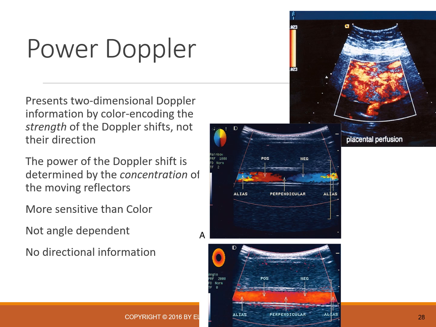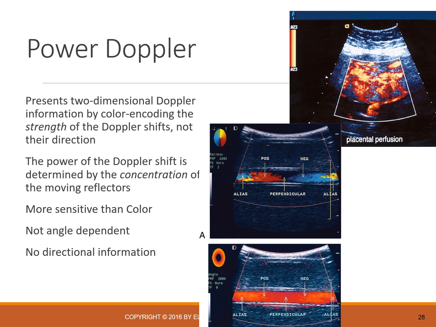Okay, now I said that our color Doppler was not perfect, and so we have some other strategies to help when our color Doppler is not helping us. So we have something called power Doppler. Sometimes this is called color power Doppler. It just depends on who the manufacturer of your equipment is as to what they call this imaging strategy.